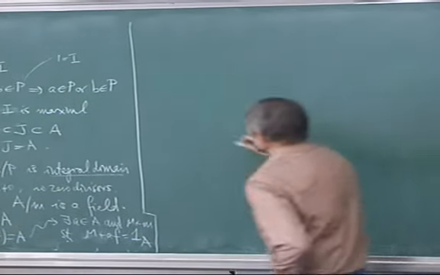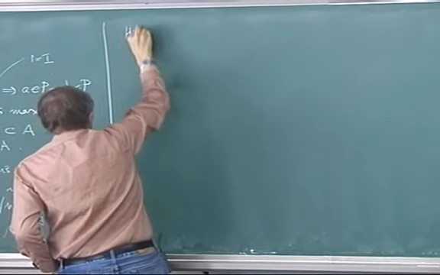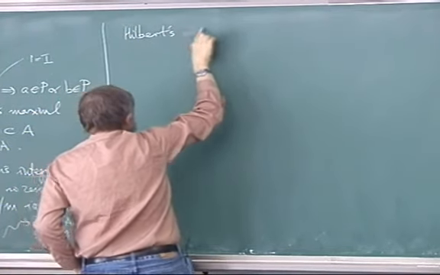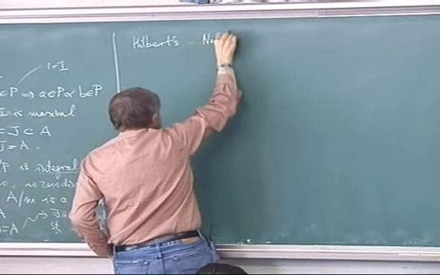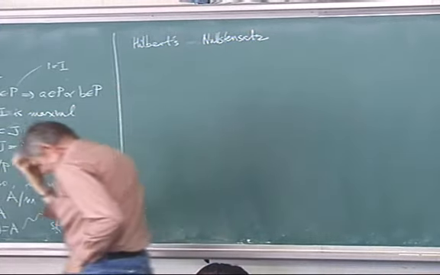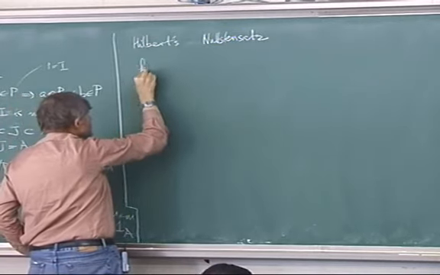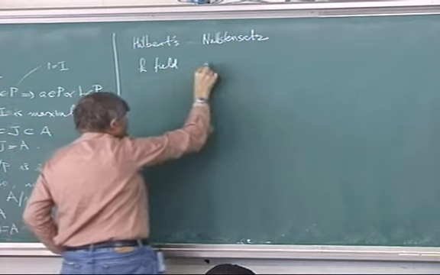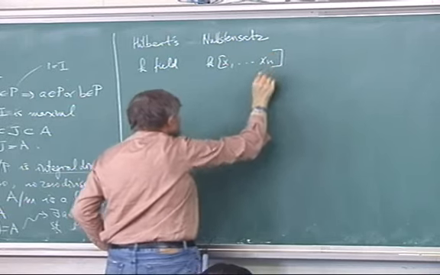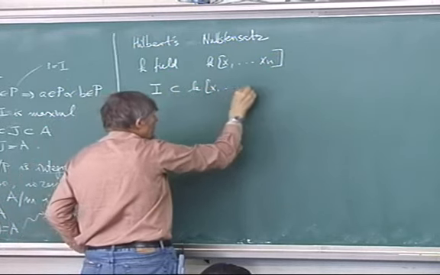So I'm talking about the Nullstellensatz, Hilbert's Nullstellensatz. Here I've got a field, K is a field. I've got K of x1 up to xn. I've got an ideal I in K of x1 up to xn.